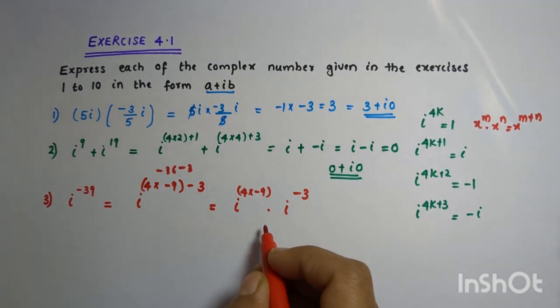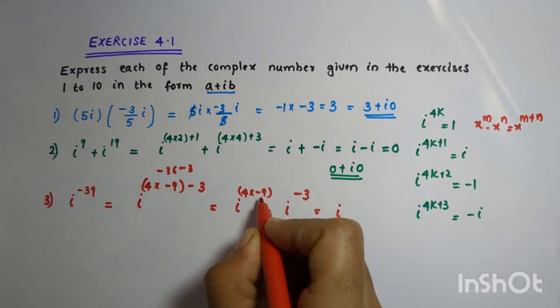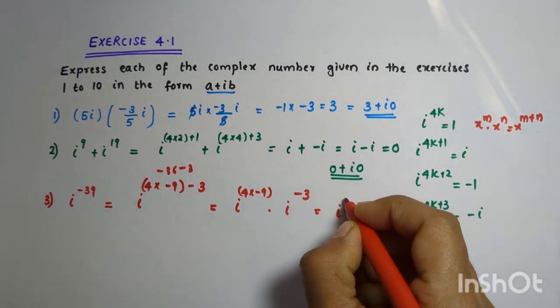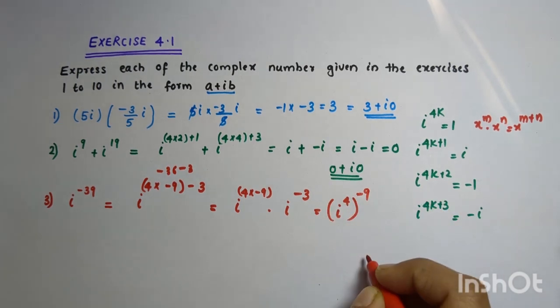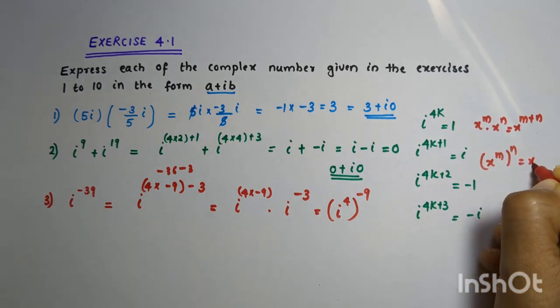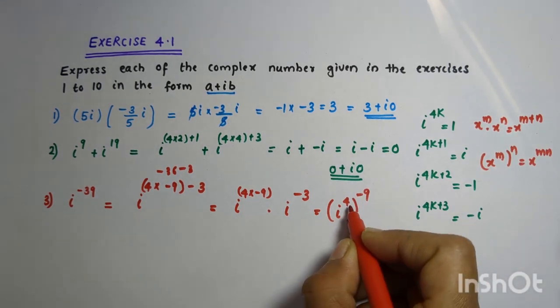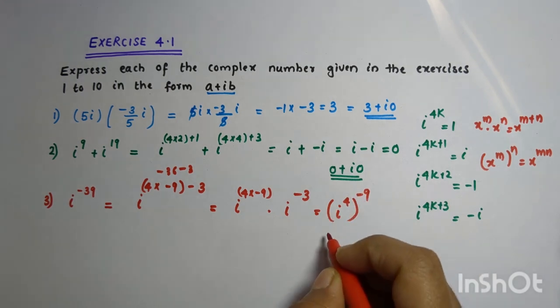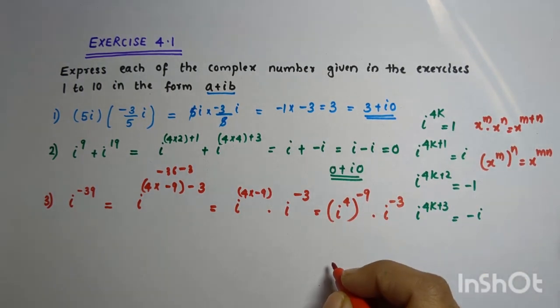Now i raised to 4 into minus 9 can be written as i raised to 4 all raised to minus 9, because we know that x raised to m all raised to n is x raised to m into n. So i raised to 4 all raised to minus 9 will be i raised to 4 into minus 9, into i raised to minus 3.